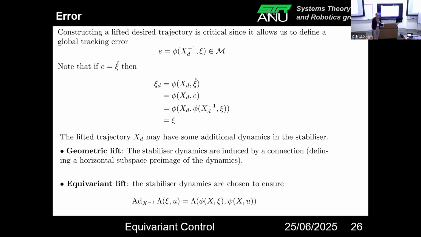When you said things can happen in the stabilizer but it doesn't affect the control, you mean asymptotically, because of this analysis? No, actually, in the stabilizer, it doesn't affect it instantaneously. So stuff can happen in XD, but the actual trajectories should be fine. Can you say, regardless of which lift you pick, the control action is the same instantaneously, or only asymptotically? I might take that one on notice and have a think about it.